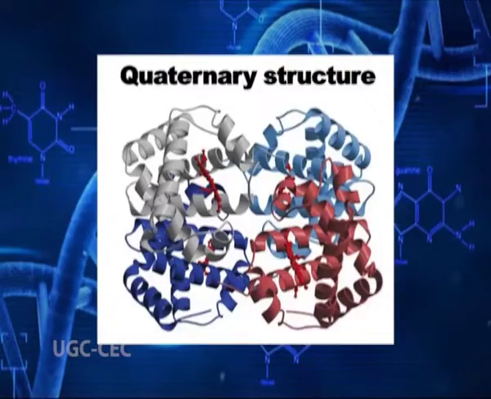Quaternary structure is the three-dimensional structure of a multi-subunit protein and how the subunits fit together. This structure is stabilized by the same non-covalent interactions and disulfide bonds as the tertiary structure.